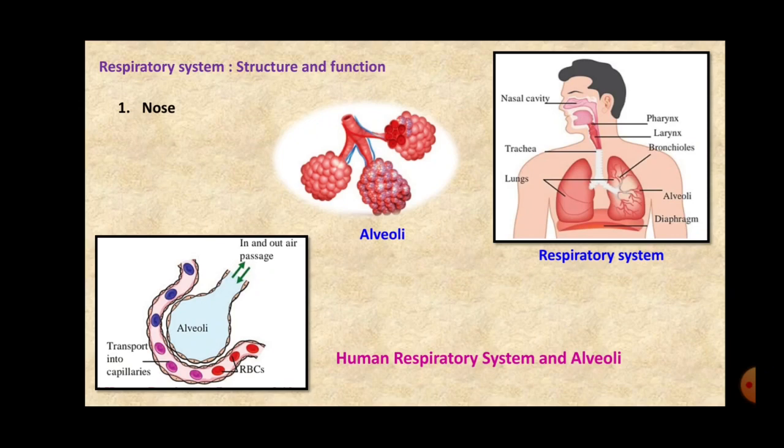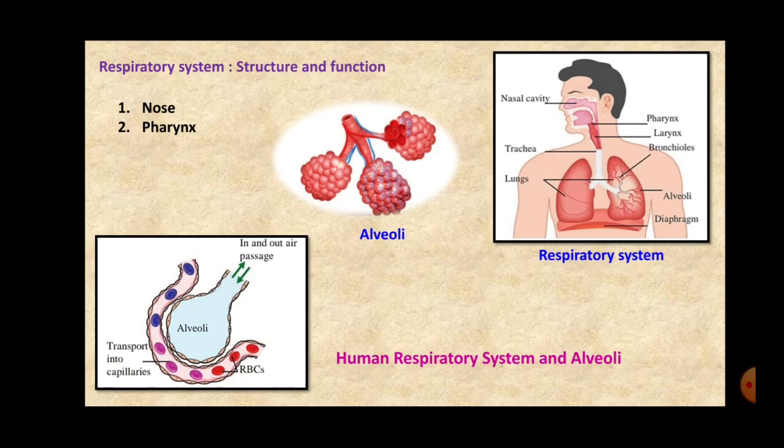Okay. So this is the first organ of the respiratory system. Then the second respiratory organ is the pharynx. Now pharynx, as you can see in the picture, is also called the windpipe.